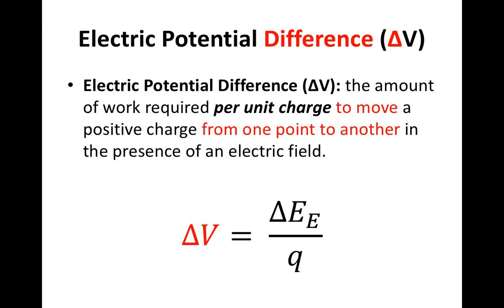So we've got electric potential difference, and it's the amount of work required per unit charge to move a positive charge from one point to another in the presence of an electric field. So another quantity we'd want to know is, again, when we're moving a charge, the change in energy, the stored energy, compared to its charge size.